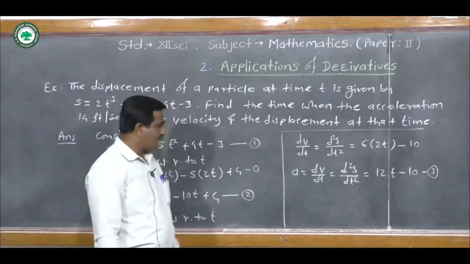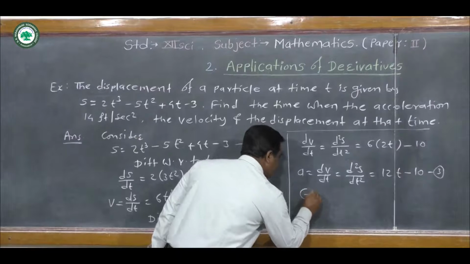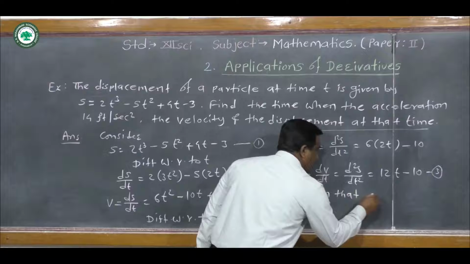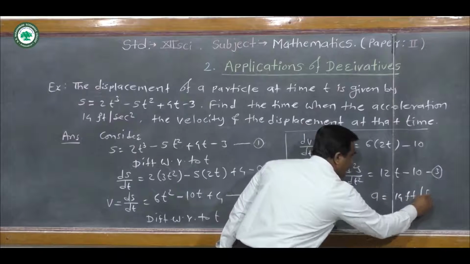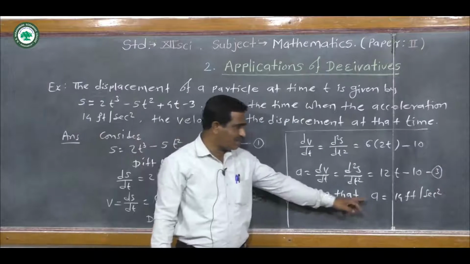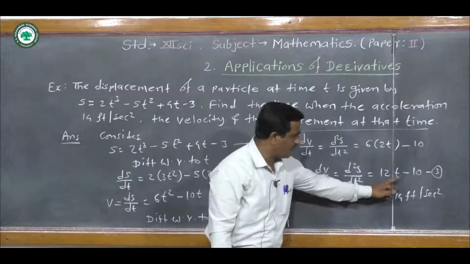Now here it is given that acceleration a is equal to 14 feet per second square. Now put this value of a, acceleration, in equation third. That is, a is equal to 12t minus 10.